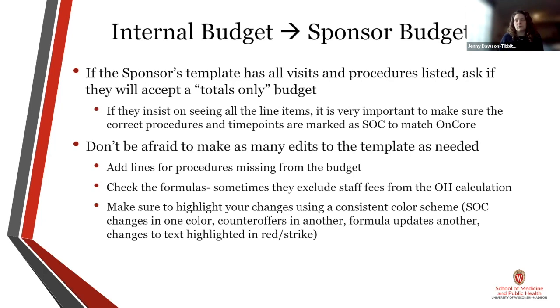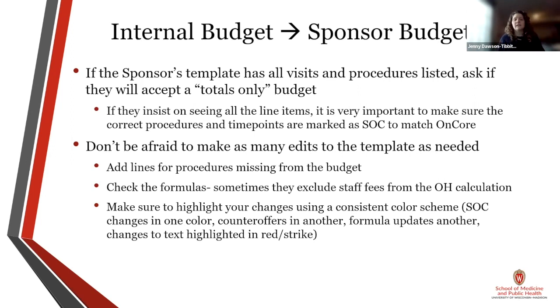Normally what we do is if we get the template from the sponsor, first we check to make sure the Excel file is unlocked and we have access to all of the functionality. So if we need to highlight things or update formulas or things like that, we're able to do that.